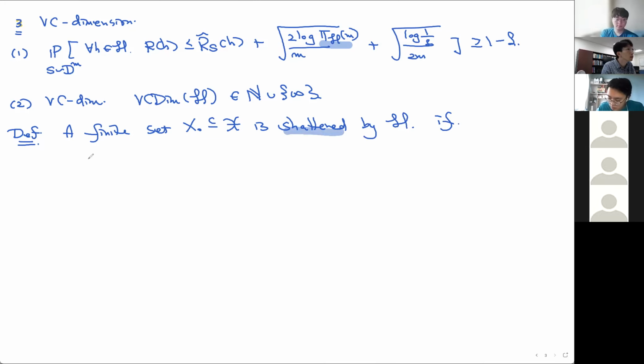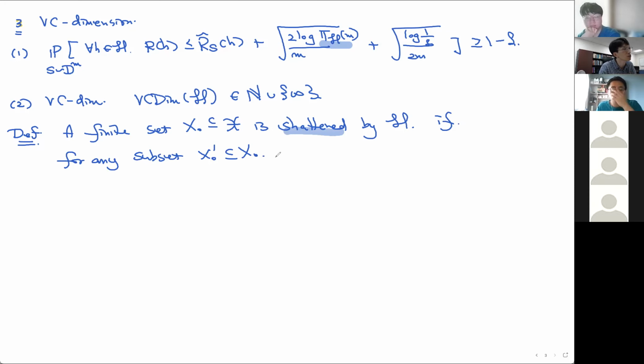So that means for any subset x0 prime of x0, that's the subset we're going to label positive, and all the rest in x0 will be labeled negative, intuitively.